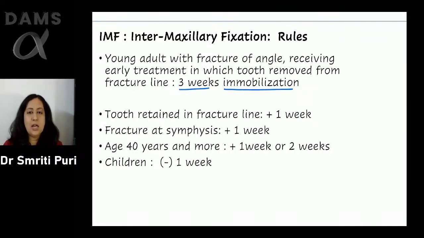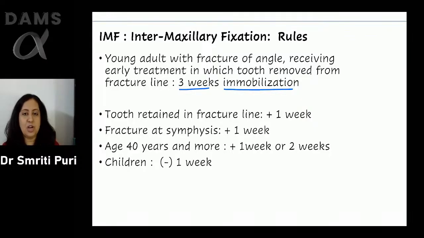Okay. Young adult, fracture of angle, early treatment, tooth removed from fracture line. You have to remember these 4 things. Young adult, angle fracture, early treatment, tooth extracted. You do 3 weeks of immobilization. Now this 3 is your baseline.